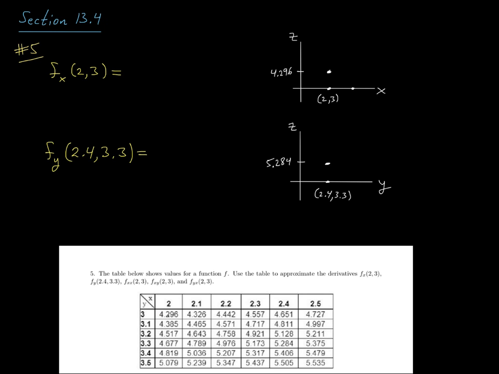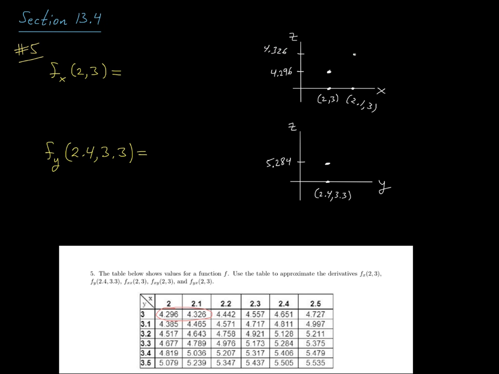So down here on the table, I'm going to be looking at these two entries right here. I'm going to increase my x to 2.1, but y is being held constant for the fx derivative. So the height there at (2.1, 3) is up here at 4.326.